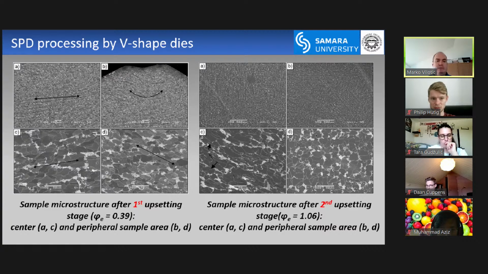We already checked with light microscopy, and we don't see anything. So we switch to SEM. So after the first upsetting stage, these images are at the center, and B and D are peripheral.